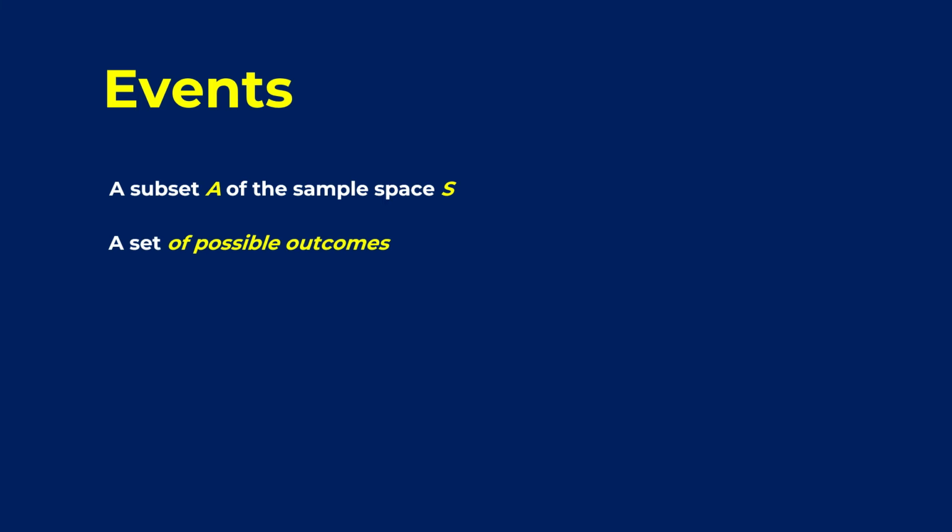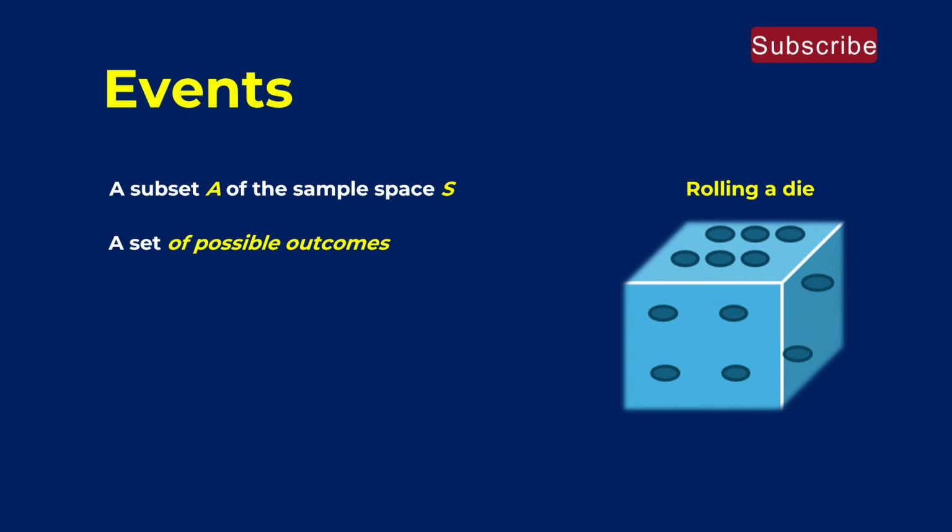An event is a subset of a sample space, meaning it is a set of possible outcomes of a random experiment. If the outcome of an experiment is an element of set A, we say that the event A has occurred. In the rolling of a die example, our sample space is a set consisting of numbers from 1 to 6.